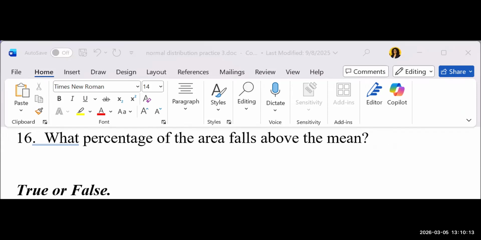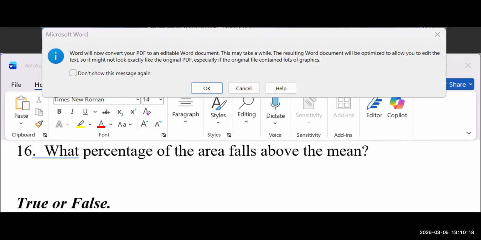Okay, and then I'm going to pull up everything. Okay, I am about to go back to this. Come on. You have to obey the rule.